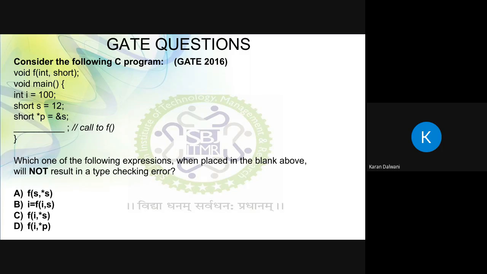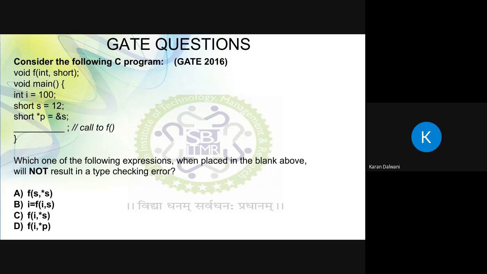We have to choose the option such that we will not get a type checking error. That is our motto. We should not get a type checking error, there should not be type incompatibility. If you focus on the first option, there we have two parameters, s and pointer of s.